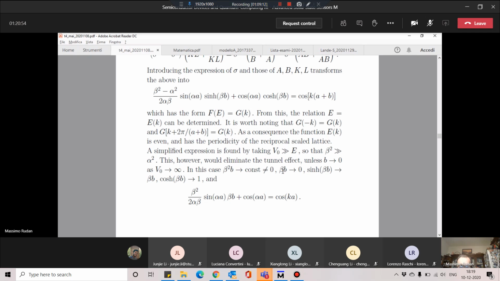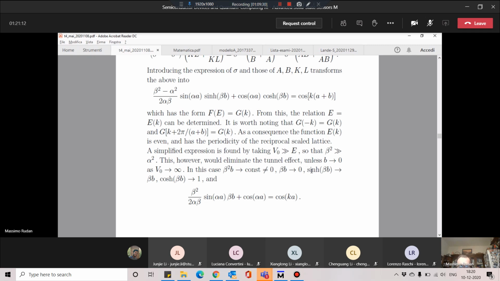And you remember, when the argument of the hyperbolic sine becomes very small, then the hyperbolic sine becomes equal to the argument itself.